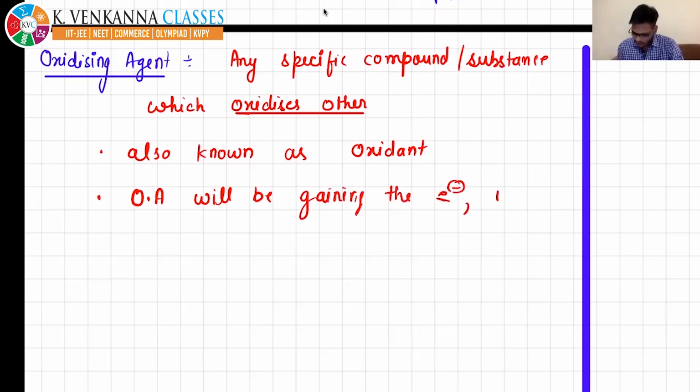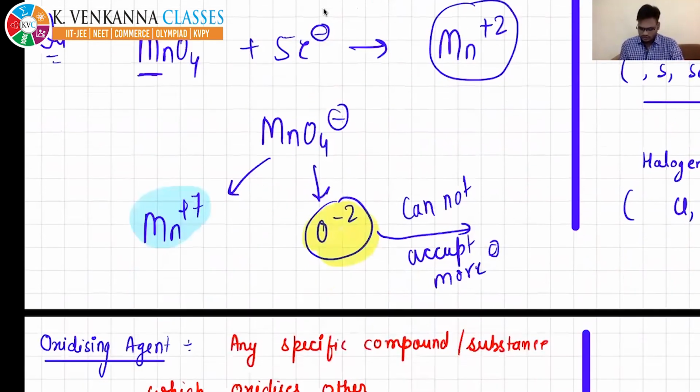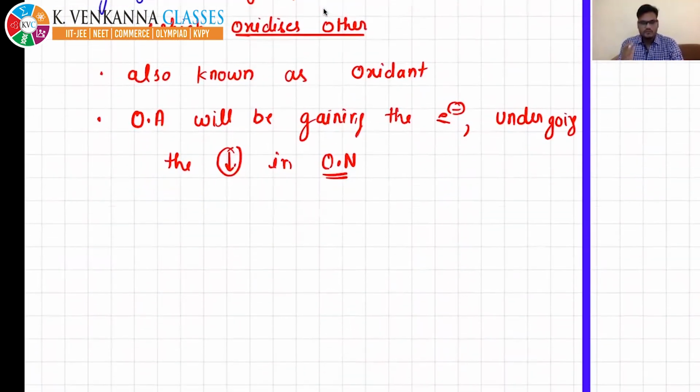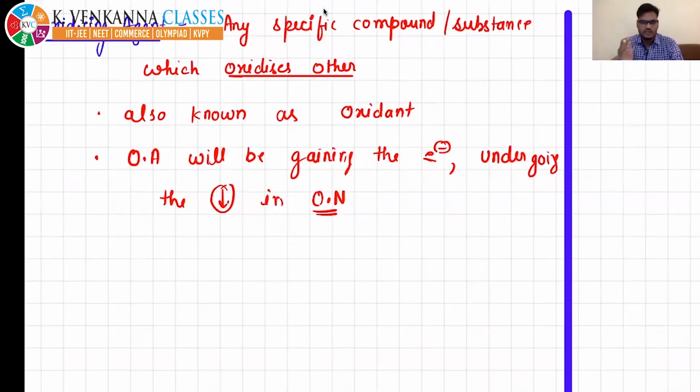or undergoing a decreasing oxidation number. The oxidation number of the oxidizing agent will decrease.